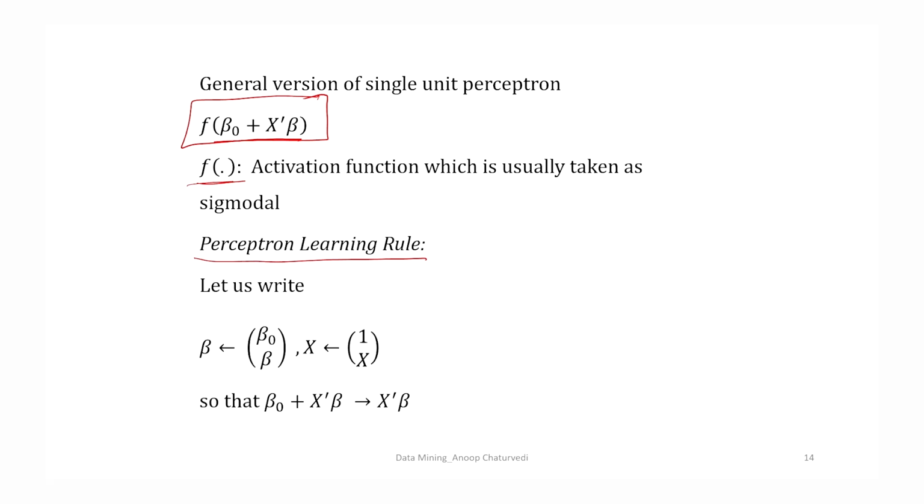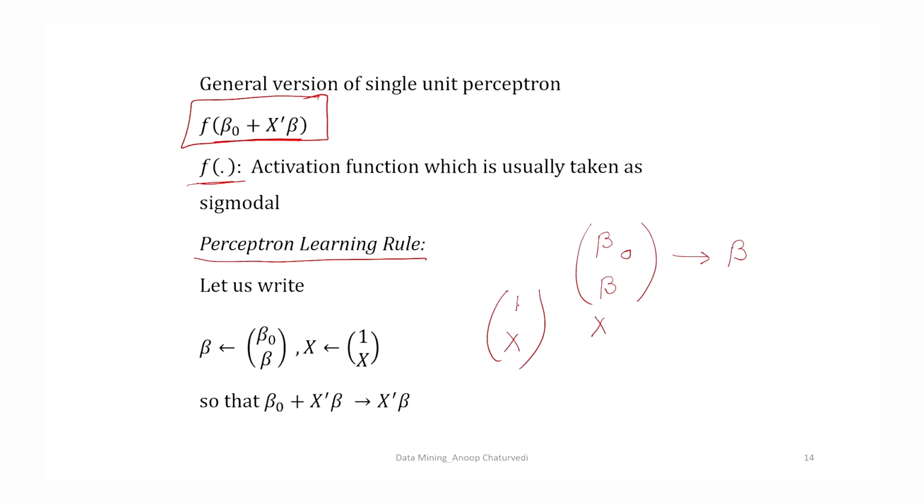Now we consider perceptron learning rule. So, suppose we write beta in place of beta naught, beta. Beta naught is the bias element, and then you have the weights beta. Now we are replacing it by say beta. Similarly, for x, actually you have 1, x.